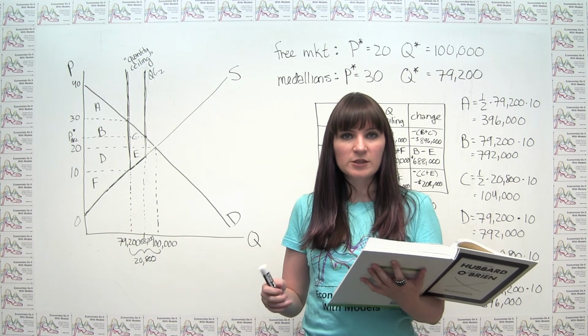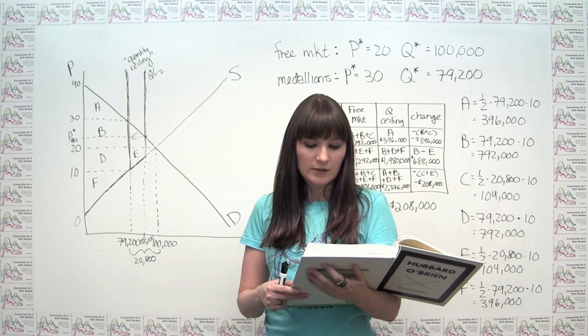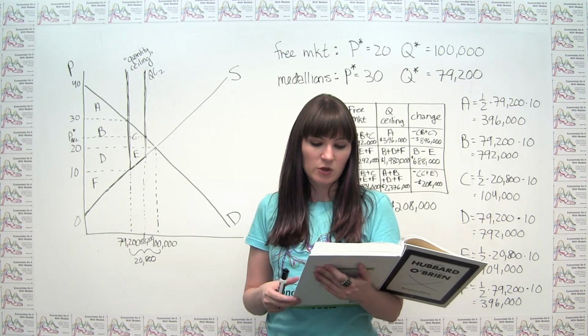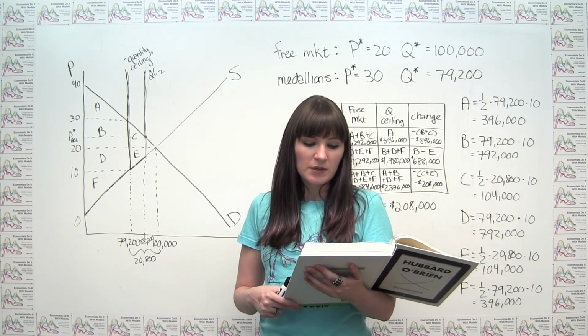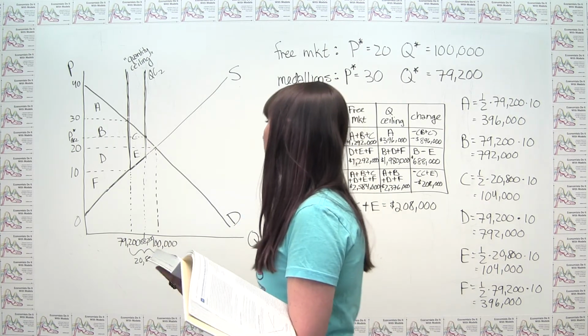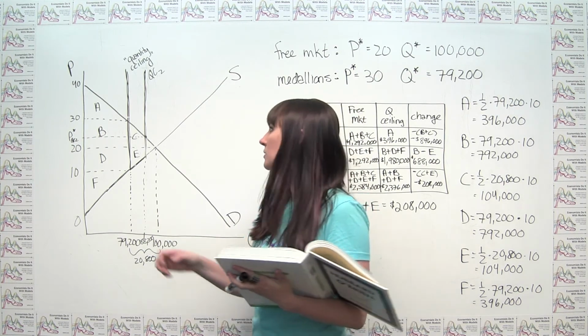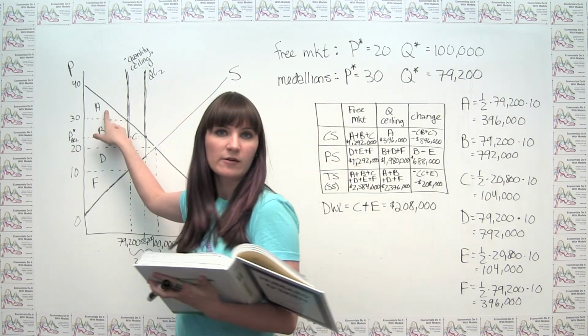The last thing that this question asks is it says, on the graph, show the effects of the new medallions on consumer surplus, producer surplus, and deadweight loss, but then it says you don't have to calculate the values. So we can look here and think about what's going on. So under the old quantity regime, consumers just got this area A, right?